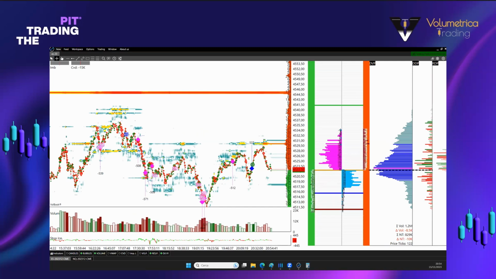According to this information, either where buyers or sellers have failed, and then where on the other side, aggressive traders took control, that's where we have the most important area of basically supply or demand.